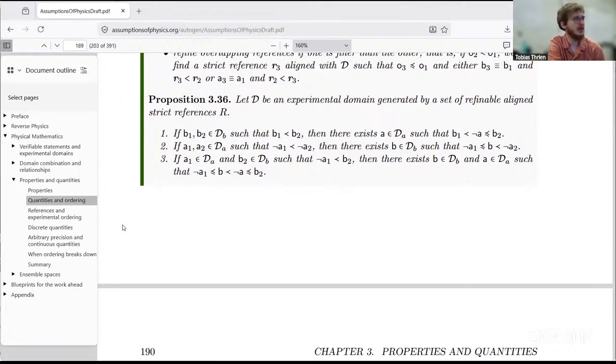Proposition. Let D be an experimental domain generated by a set of refinable, aligned, strict references.